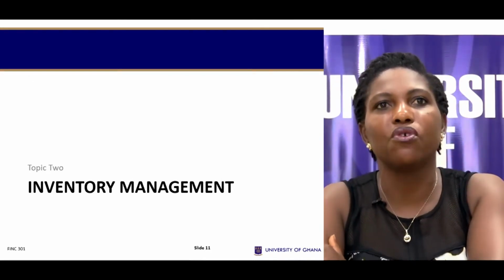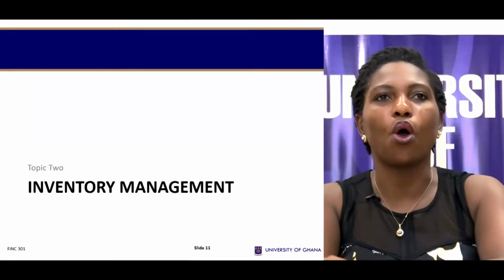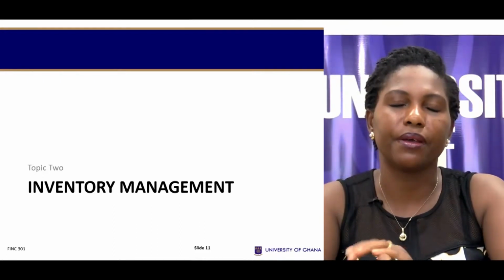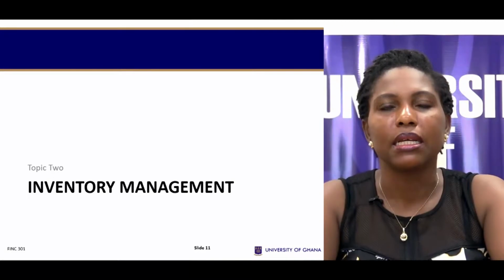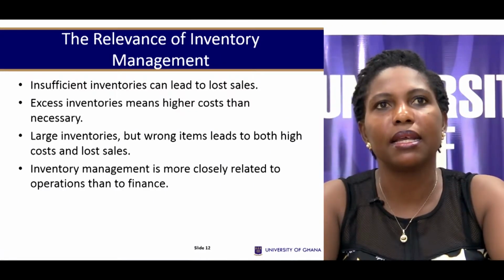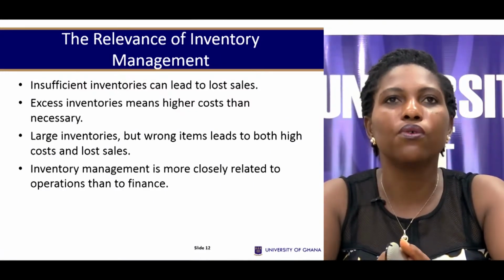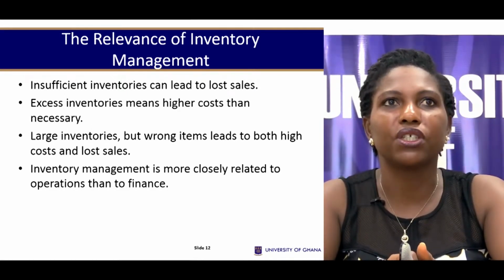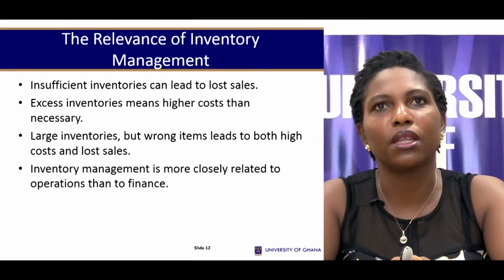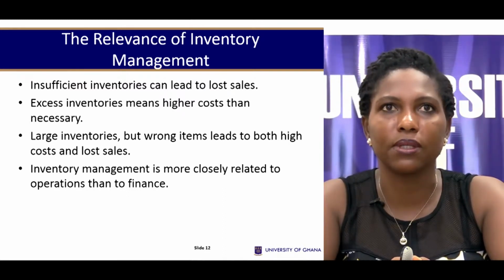Now, let's move to the individual components that make up the working capital. We start with inventory management. Inventory typically is the stock of goods that a firm trades in. So having sufficient inventory will ensure that you do not lose out on sales.